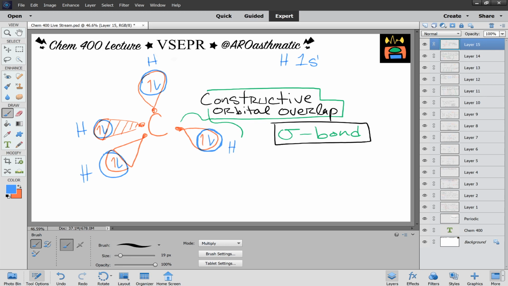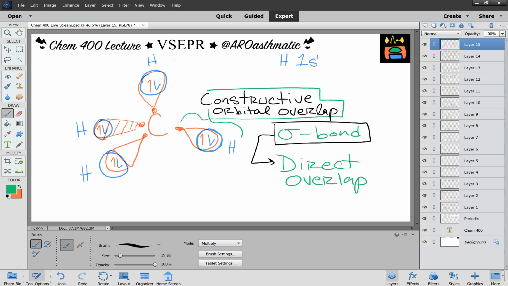Now, there's more than one type of constructive orbital overlap. Sigma bonds are formed through what's known as direct overlap. Direct overlap, as we have here, forms a sigma bond.